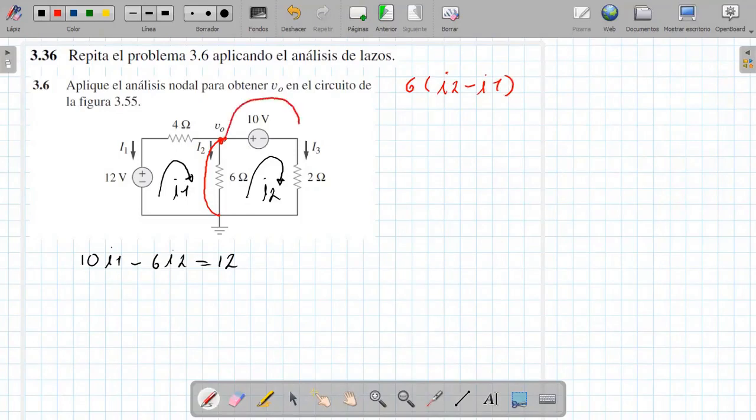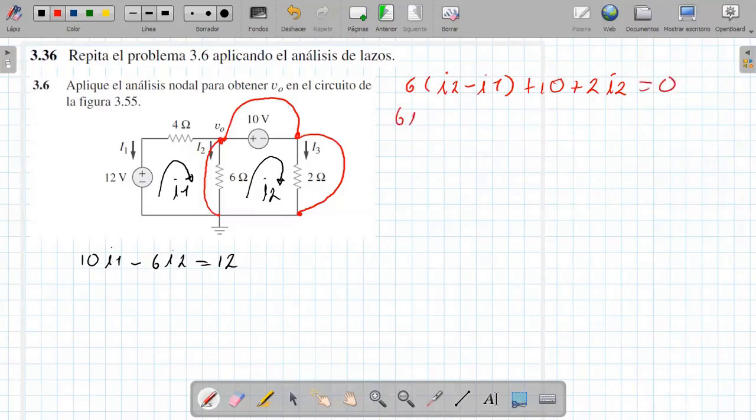Then the voltage between here and here, well, we have a voltage source. It would be plus 10. And the voltage between here and here varies: the resistance here would be plus 2, and the current that multiplies that resistance would be I2. Let's ignore this current I3 for the moment, because I'm doing loop analysis, so it's going to be equal to 0.